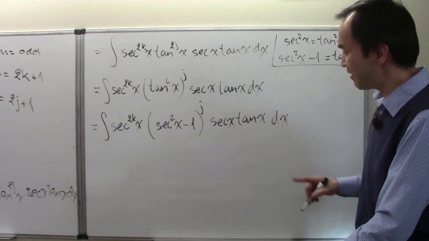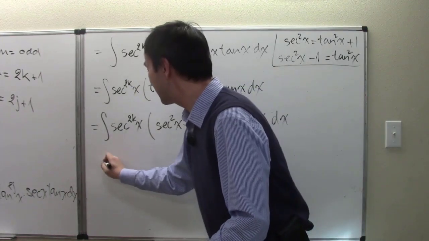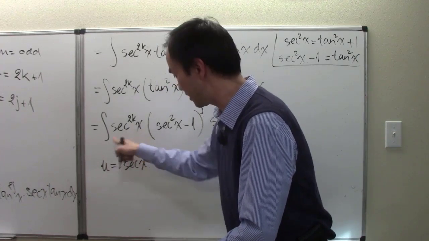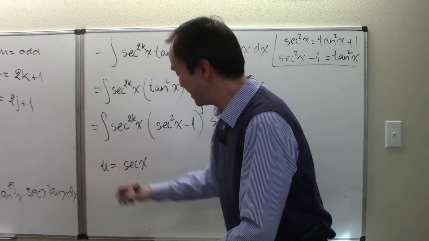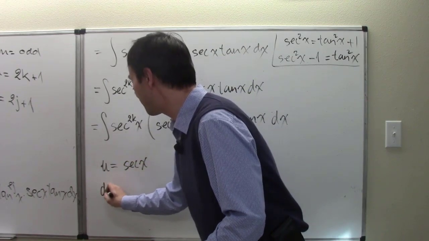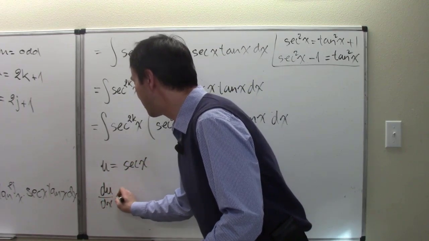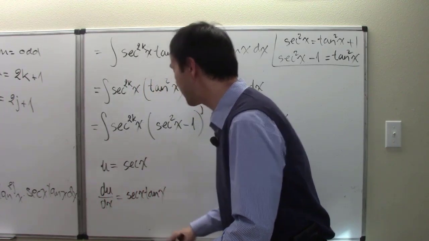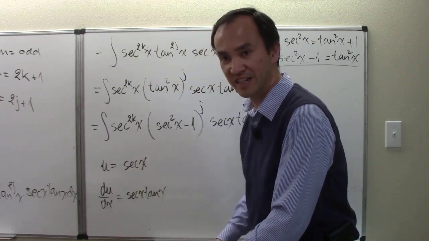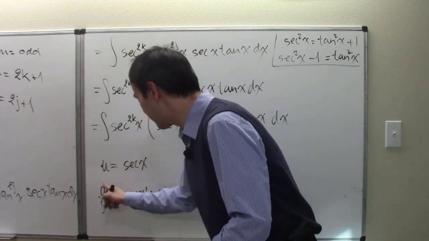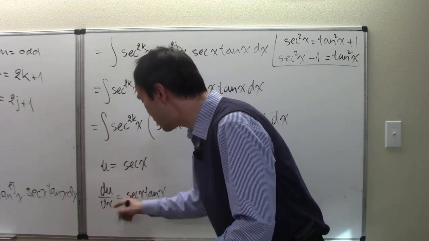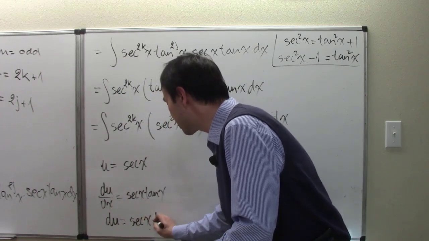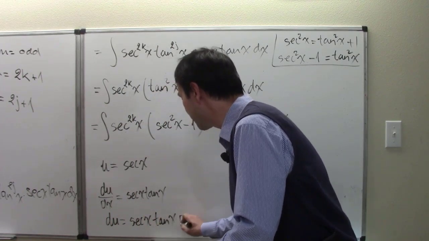Okay, and so now at this point, I am going to substitute secant of x for a variable u. So du dx will be secant of x times tangent of x, that's the famously known derivative for secant of x. After rearranging the differentials, du equals secant of x times tangent of x times dx.